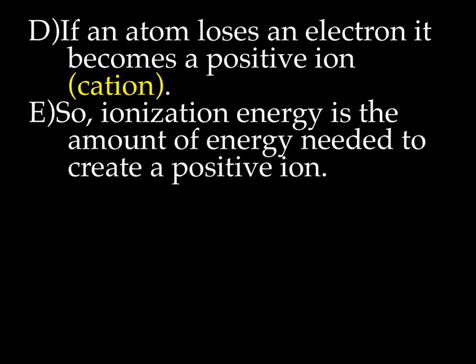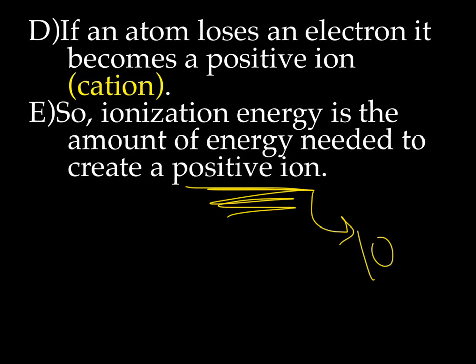If an atom loses an electron, it becomes what we call a positive ion, known as a cation. So ionization energy is the amount of energy needed to create a positive ion. And again, to get a positive ion, you are losing an electron.